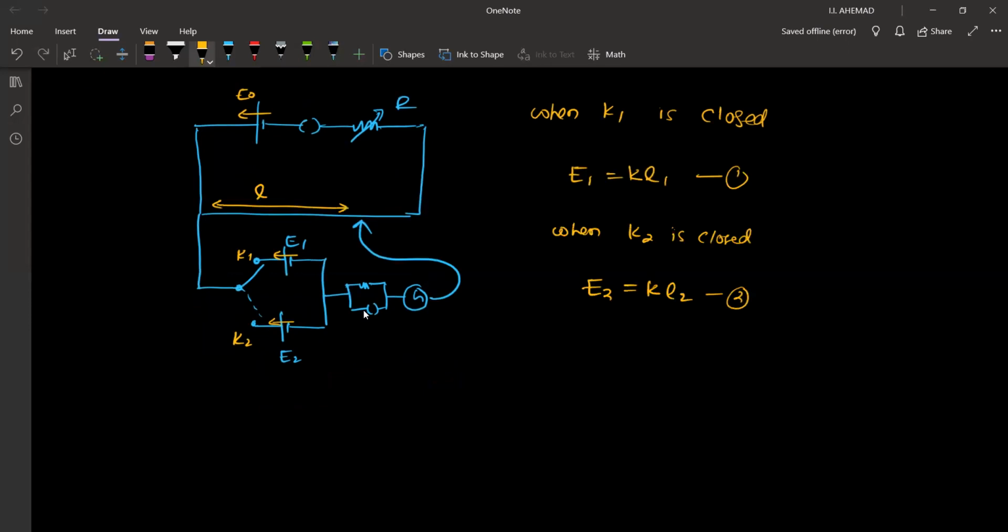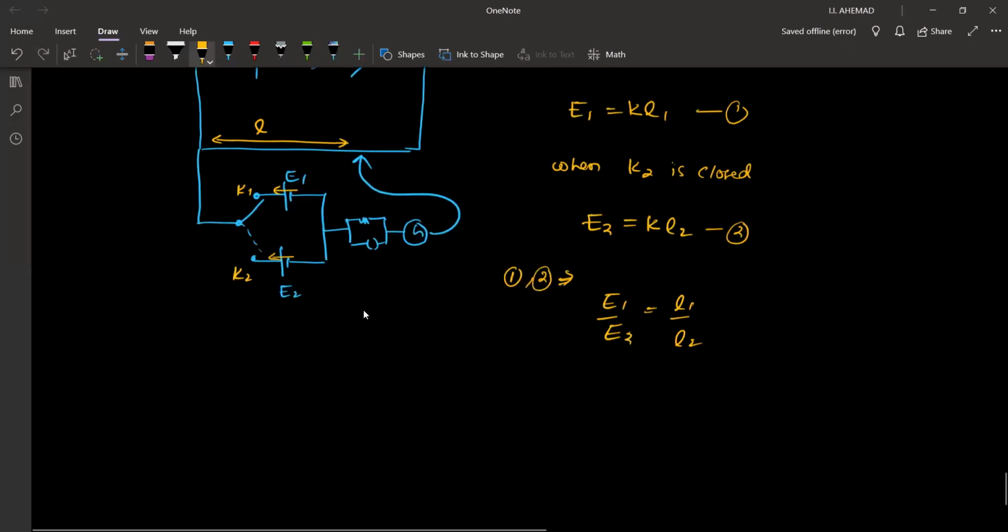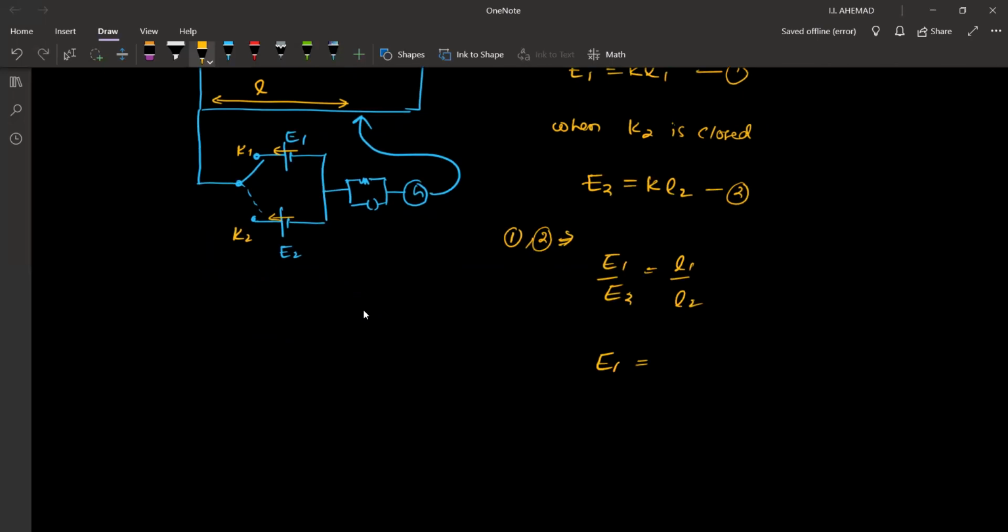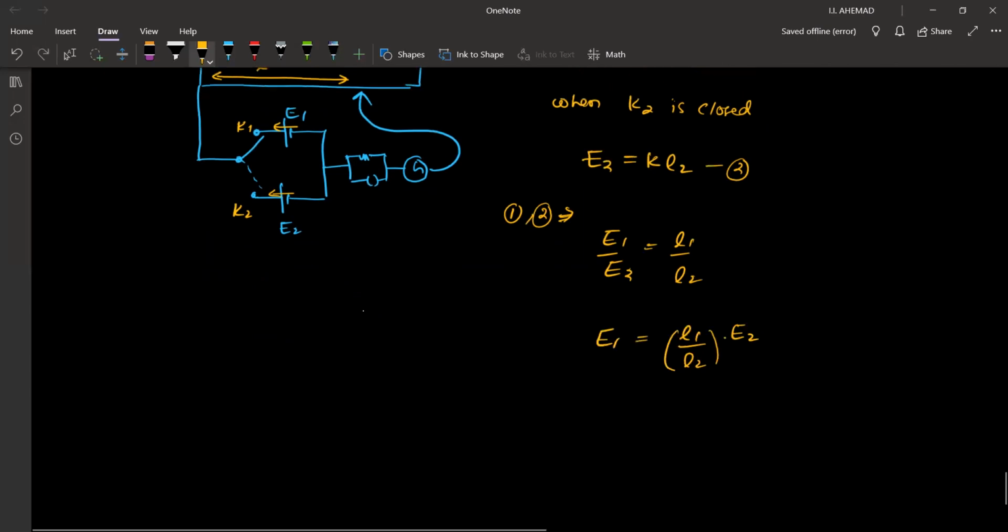So from 1 and 2, E1 over E2 is equal to L1 over L2. E1 is equal to L1 over L2 times E2. So we have a y equal mx form graph.